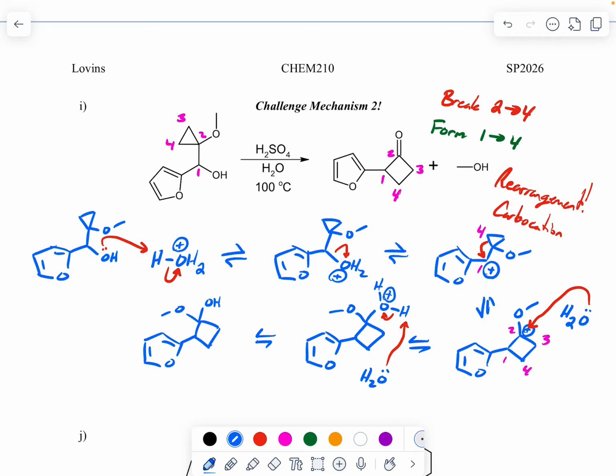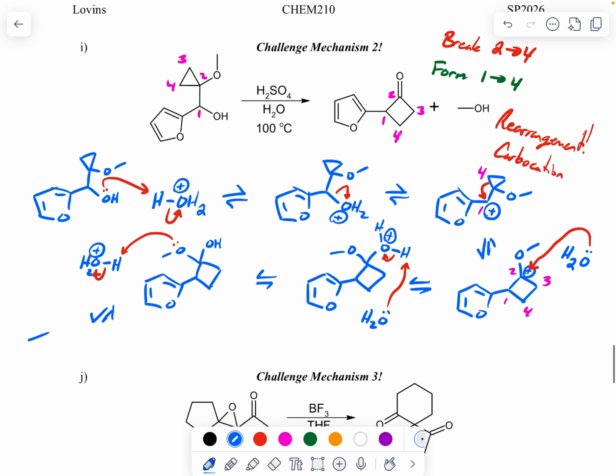But this isn't where we're going to stop, because we do have some H3O+, which we can utilize as an acid to protonate the ether. This, of course, will set this ether up to actually leave the molecule.